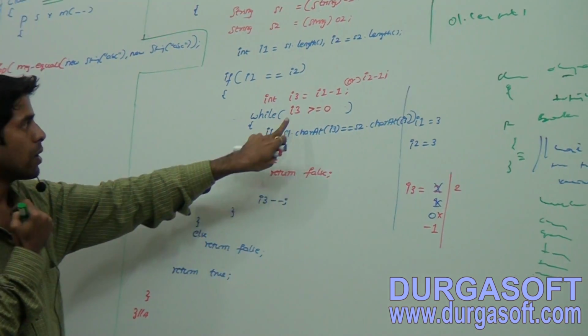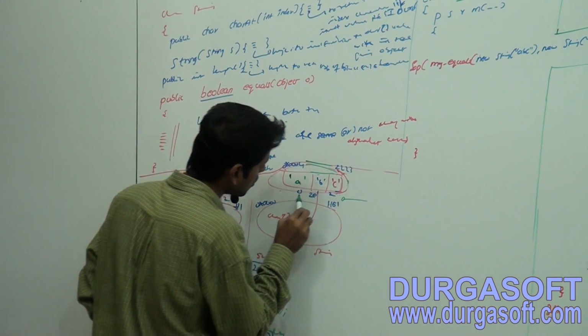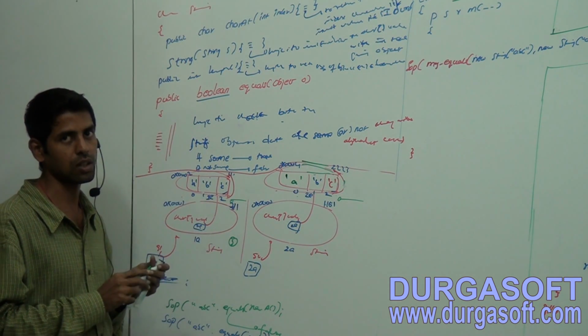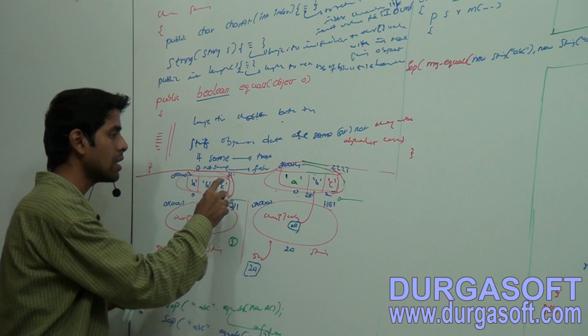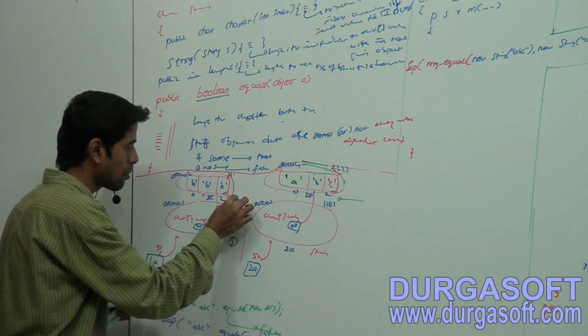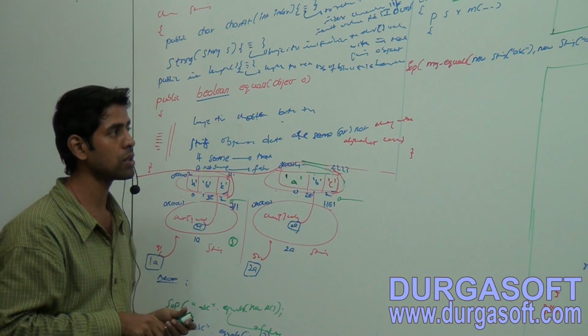Now what am I doing here? I'm traversing from the last index to the starting index in both of the string objects. I have to carry this checking process from the last index to the starting index, friends. Now observe.